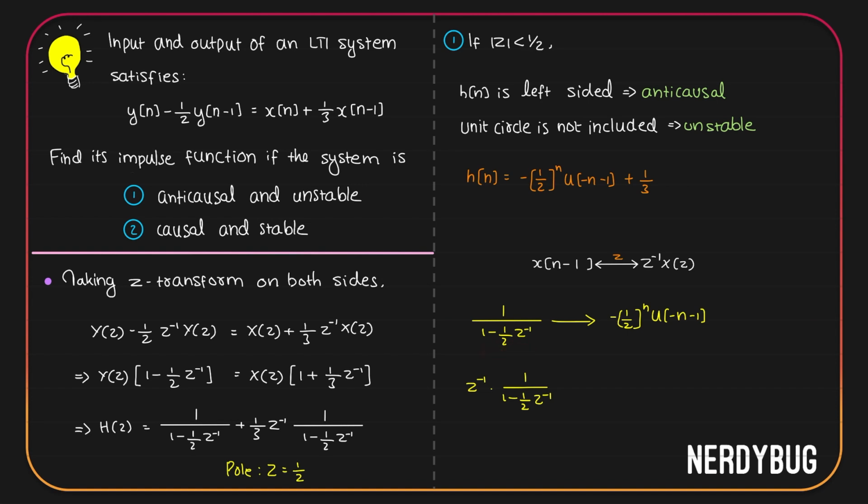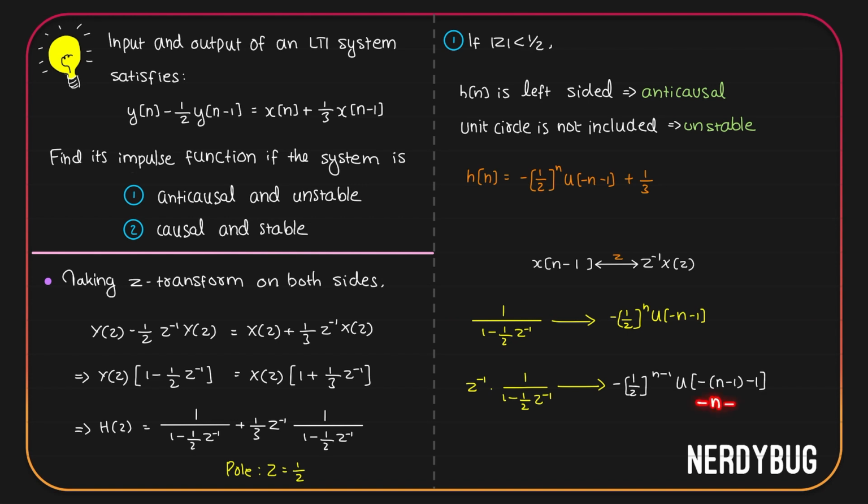This is our x of z, so we can take this to be our x of n. This is z inverse multiplied by x of z. So its inverse is going to be x of n minus 1. Basically, every n over here will have to be changed into n minus 1. So we get minus 1 by 2 to the power n minus 1 u of minus n minus 1 minus 1.